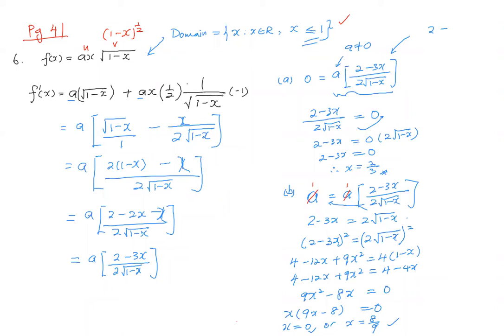2 minus 3 times 8/9 divided by 2 square root of 1 minus 8/9. Okay, let's check. See whether we get 1 or not. So this is 3.